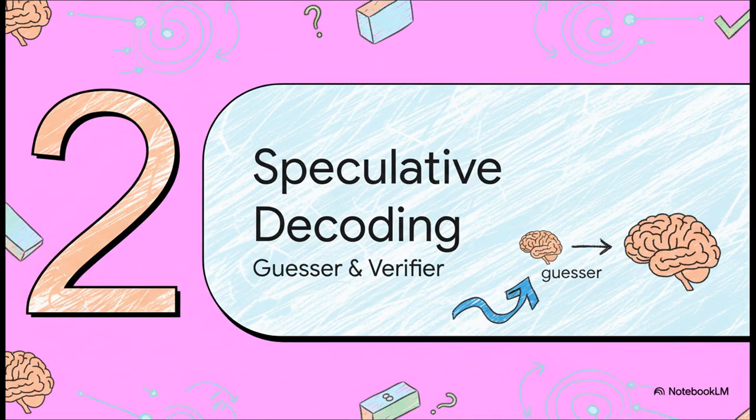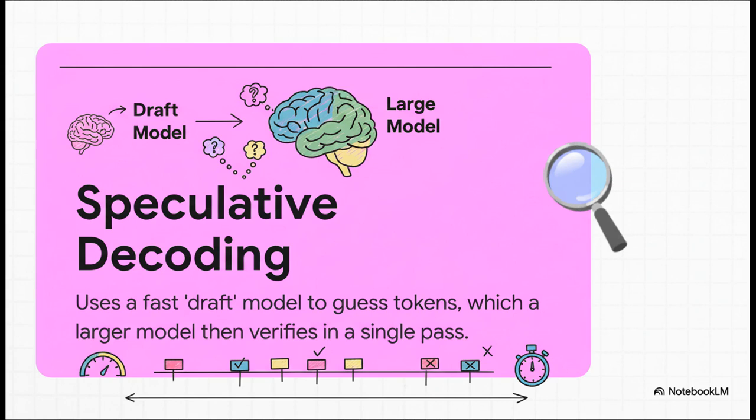All right, so that brings us to our second technique, and this one is really cool. It's called speculative decoding. I love this analogy for it. Imagine a team up between a really fast, eager assistant who just guesses what to say next and a super wise, careful verifier who checks all their work. So here's the brilliant trade-off.